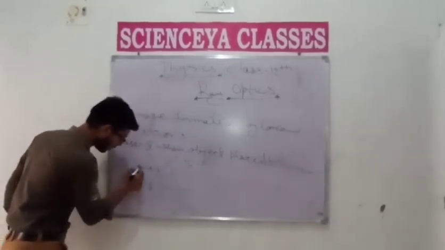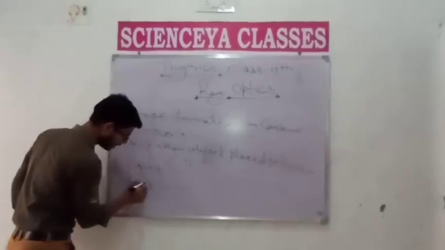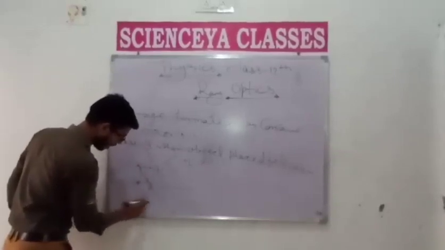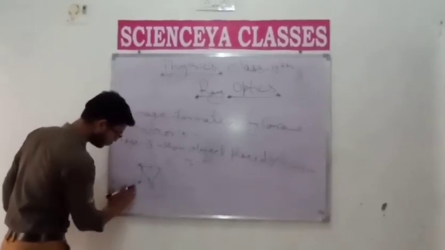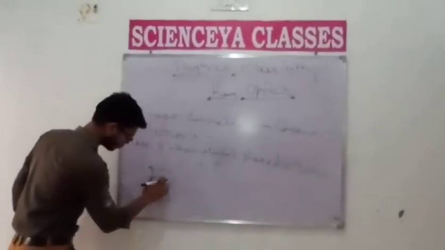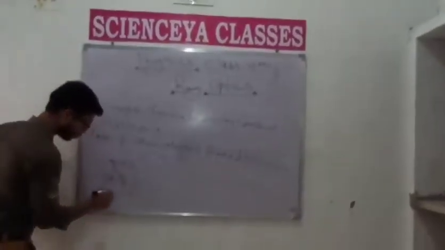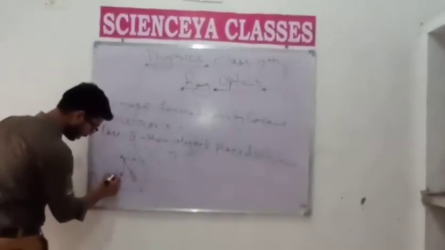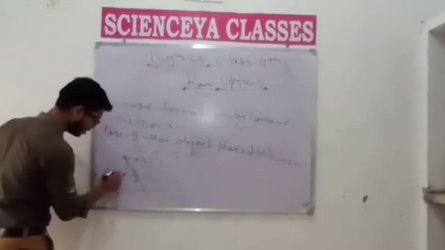And student, suppose any other ray that is passing through principal focus, after reflection it must be parallel to principal axis. Okay student? So the image is formed here beyond center of curvature, this A dash B dash.